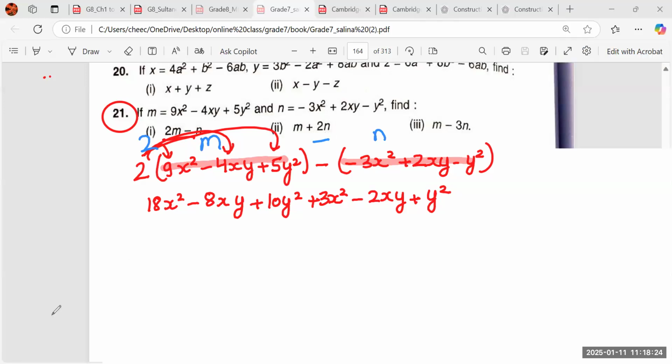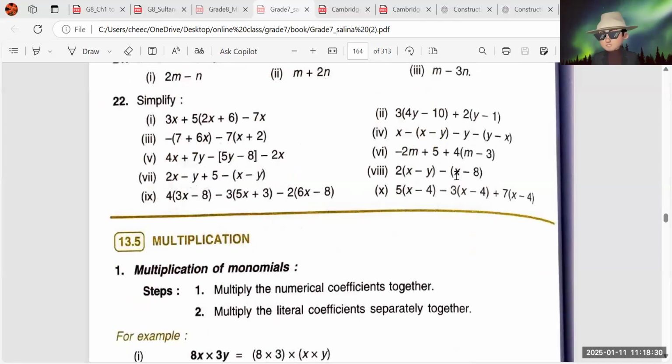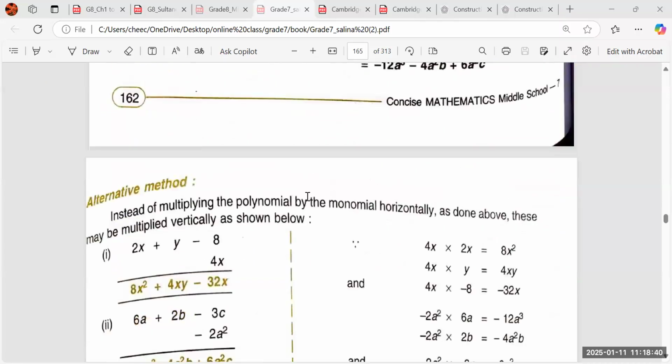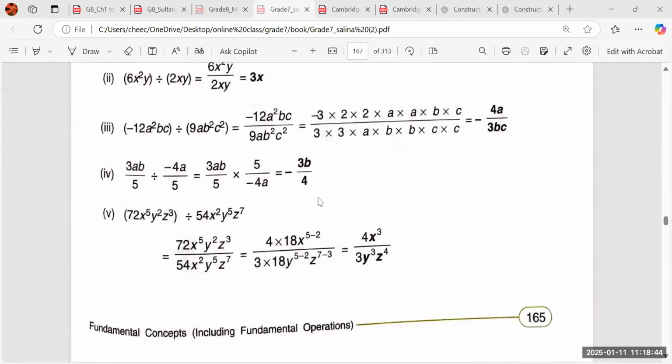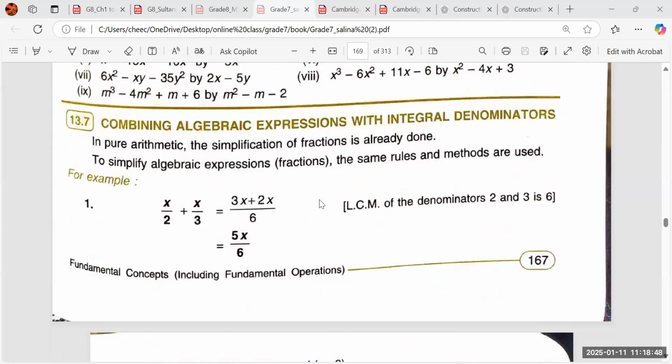Now the 22nd, I think, is the difficult question. You don't have any doubts in it? No. The last two parts, do we have a doubt or no? No. So this multiplication and division, we will do it after a while.